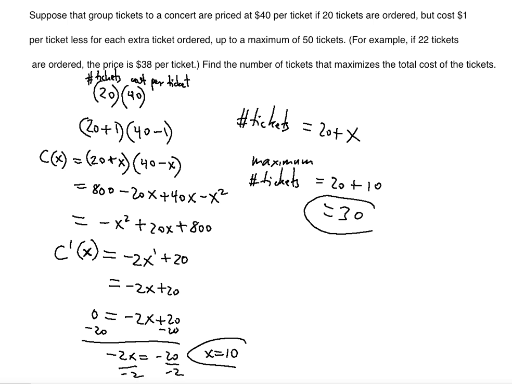I should rewrite this to avoid confusion. Number of tickets for maximum C, that is equal to 20 plus 10, which is equal to 30. So the number of tickets that maximizes the cost is 30.